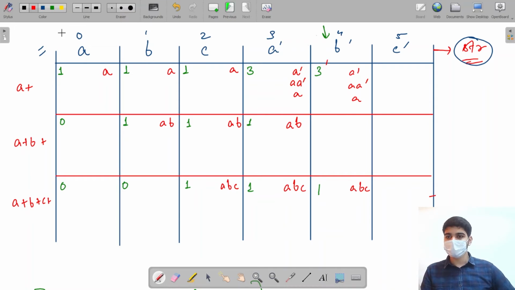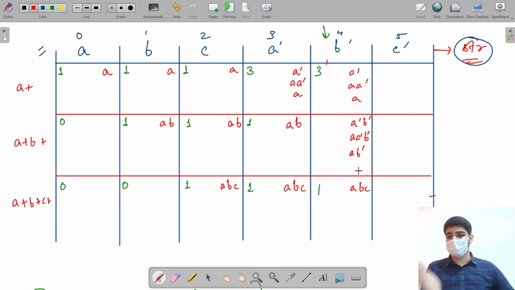Now, what does my B dash say? B dash says that what I can do is I can come after A plus subsequences, which are all of these. So what I can do is I can have A dash, B dash. I can have A dash, B dash. I can have A, B dash, right? These three.